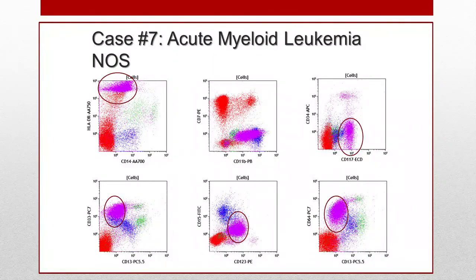This one here is actually an NOS, acute myeloid leukemia, expressing 117, and here doesn't express CD34, does express 117, expresses CD64, again CD123, very weak expression of CD13, but quite strong CD33, and expresses CD11B. No T cell markers or B cell markers on this one.